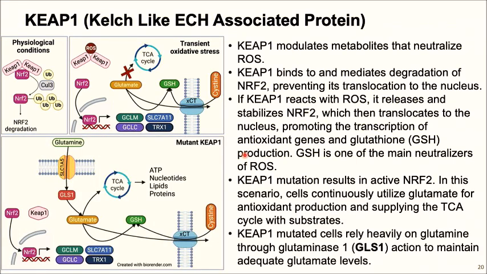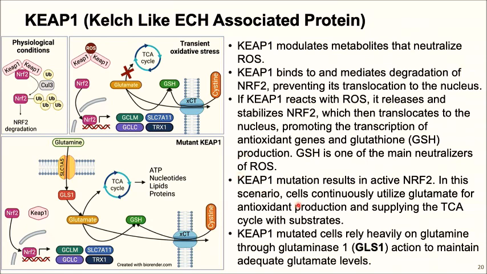So KEAP1 mutation results in active NRF2, and in this scenario, cells continuously utilize glutamate for antioxidant production and supplying the TCA cycle with substrates. KEAP1 mutated cells heavily rely on glutamine through glutaminase 1 to maintain adequate glutamate levels.